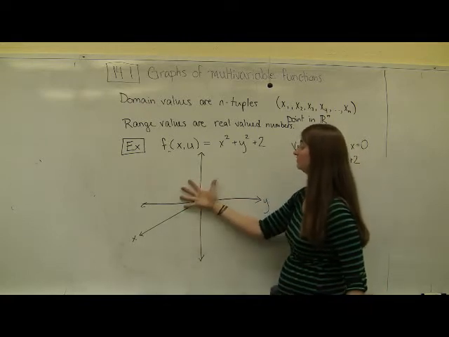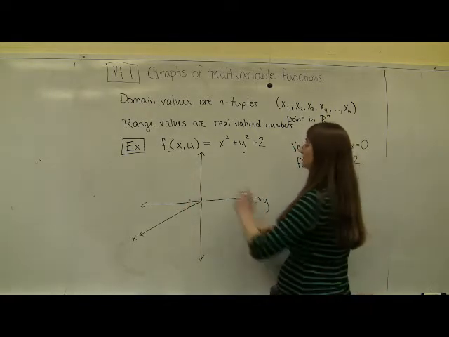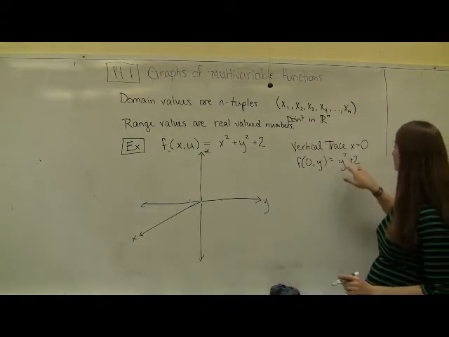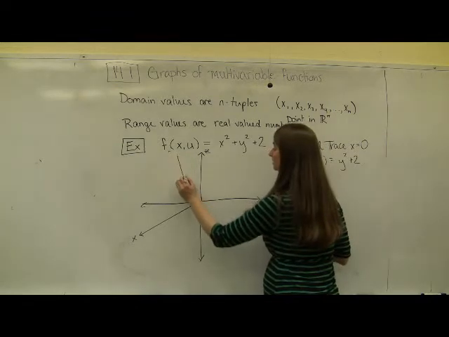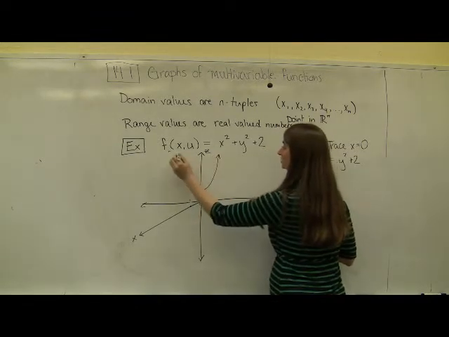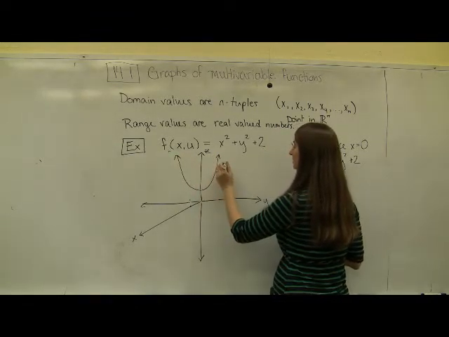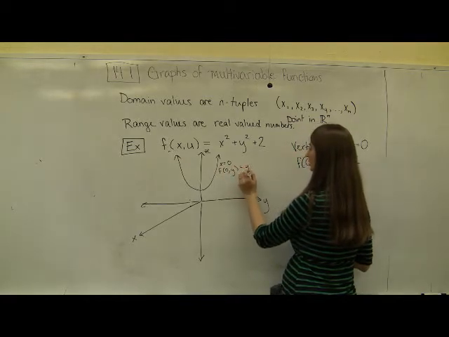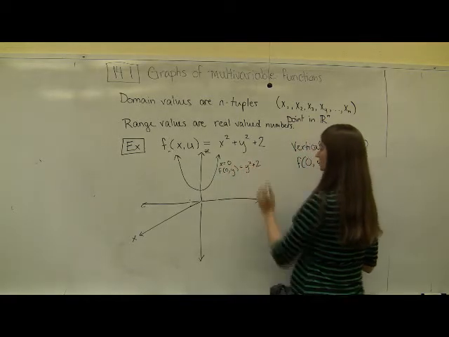If x is equal to 0, I'm flattening down, so I have just the yz plane. And the yz plane is going to have a trace of a parabola, y squared plus 2. So this is my parabola. This is my trace when x is equal to 0. Gives me f of 0, y is equal to y squared plus 2.